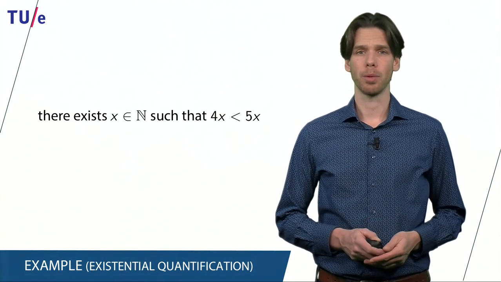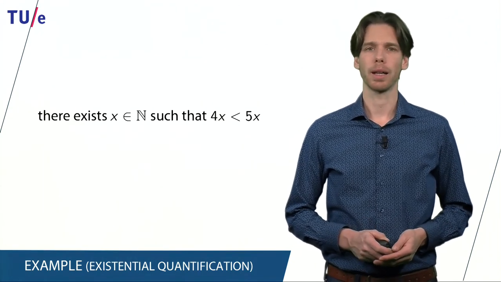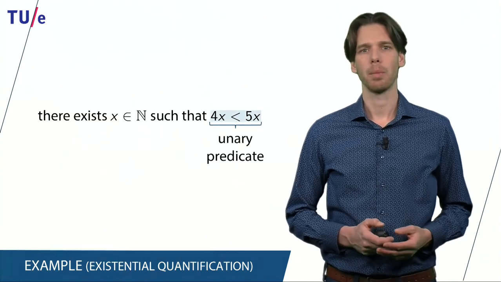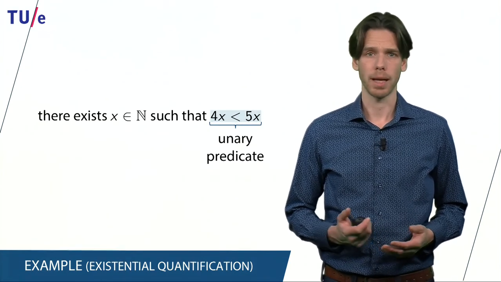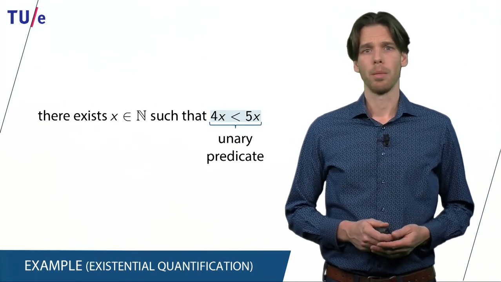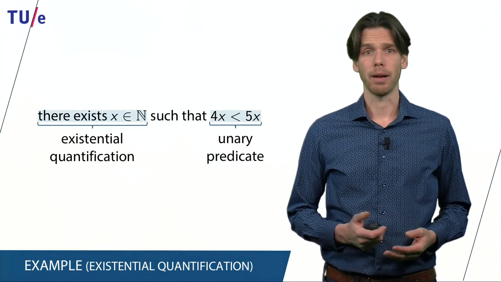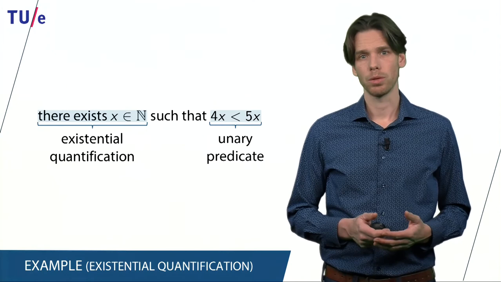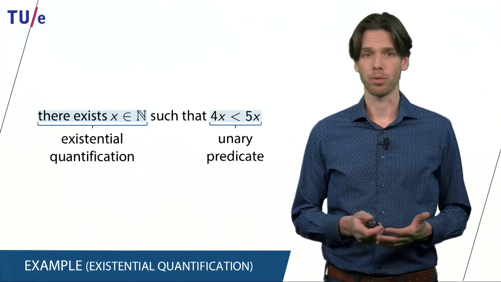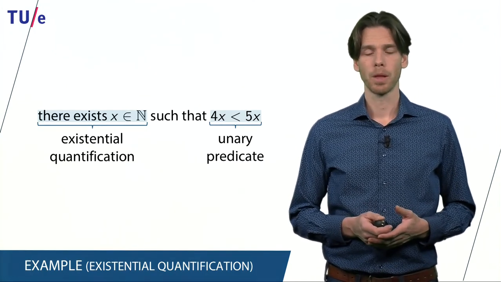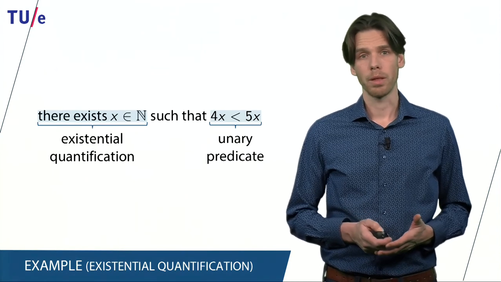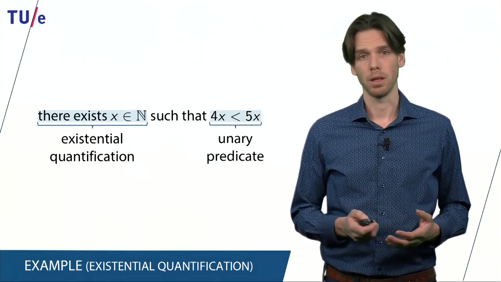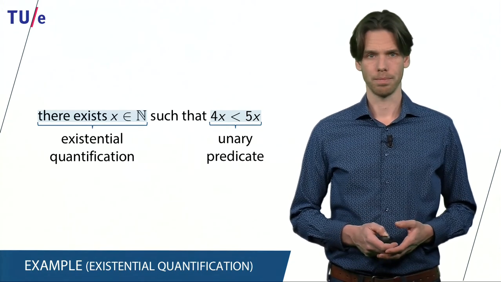Next, consider the statement, there exists a natural number x such that 4x is less than 5x. This statement is again based on a unary predicate, 4x is less than 5x, but by preceding it with the phrase, there exists a natural number x, we are actually expressing that we do not intend to evaluate this unary predicate for some particular value of x, but rather we wish to know whether there exists some natural number x such that the unary predicate evaluates to true.